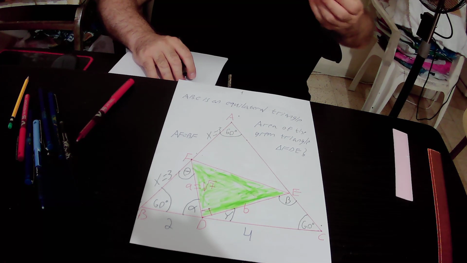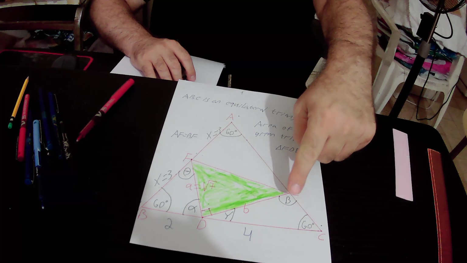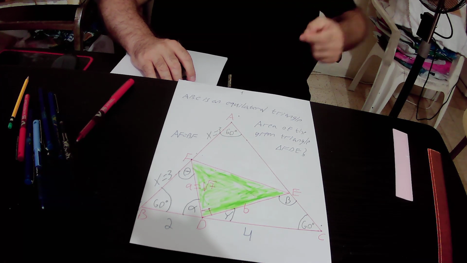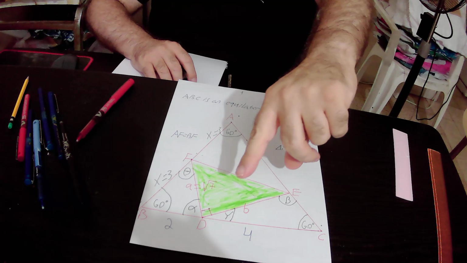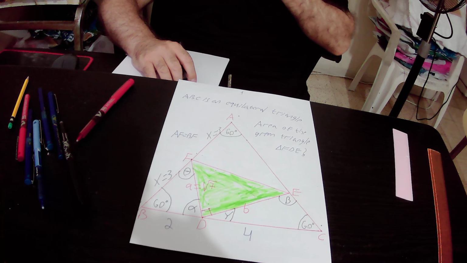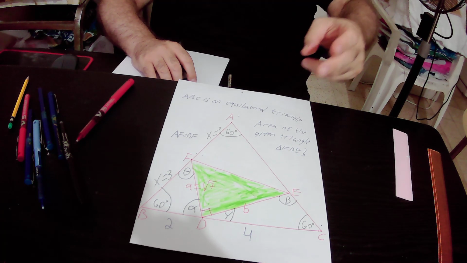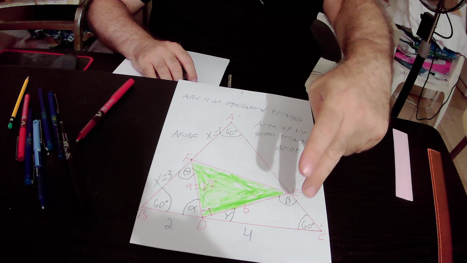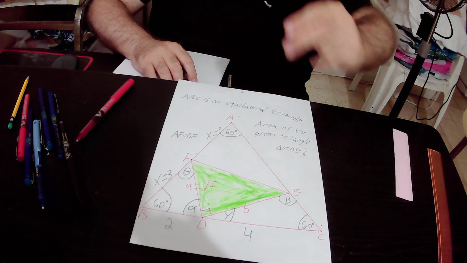So after we found out the value of sinus beta, you actually can find the value of B by implementing the law of sines in triangle EDC.